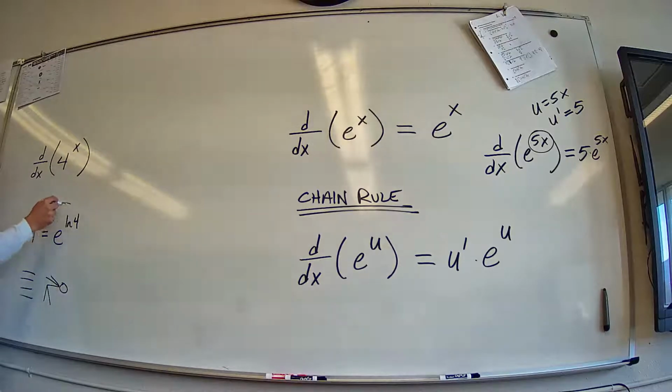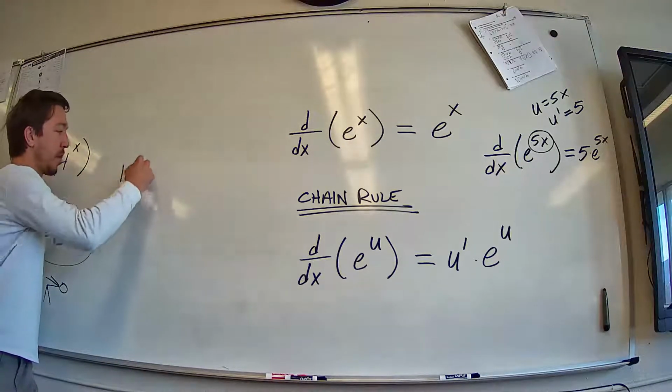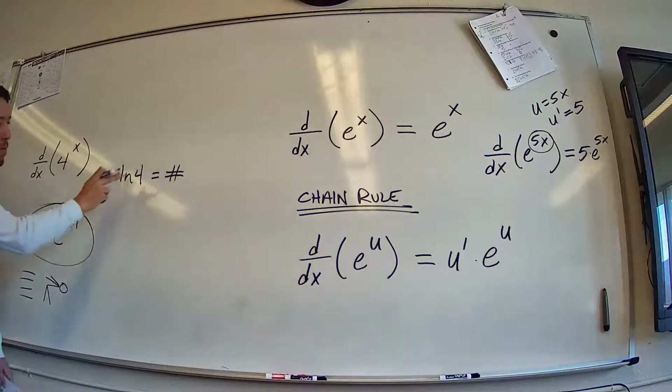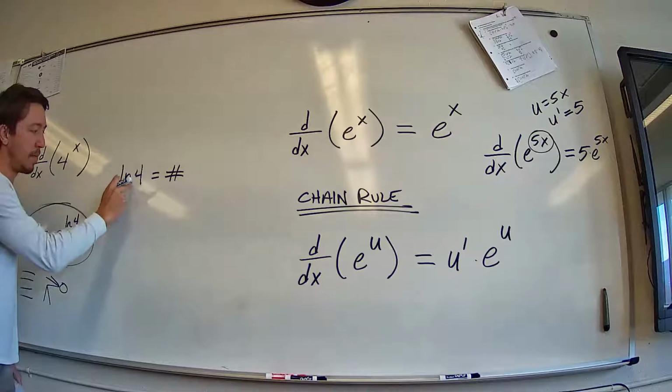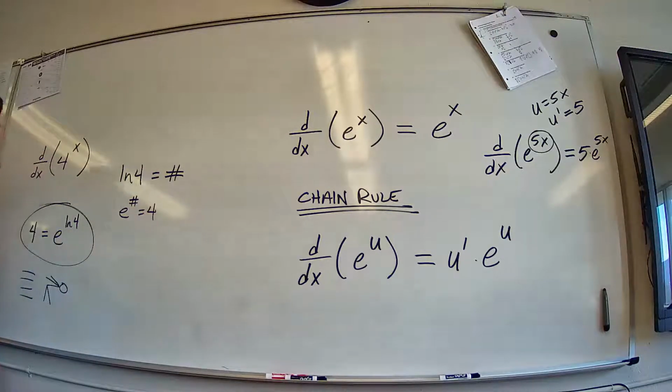Okay. Do we understand this? If you don't understand it, let me try to explain it to you. What does the natural log of 4 mean? The natural log of 4 is equal to some number, right? This says that this is the number so that e raised to that power would give you 4.